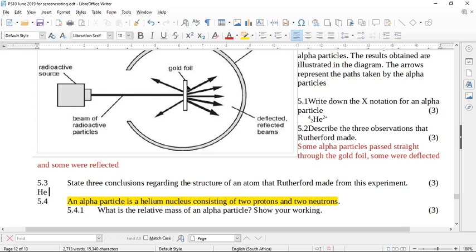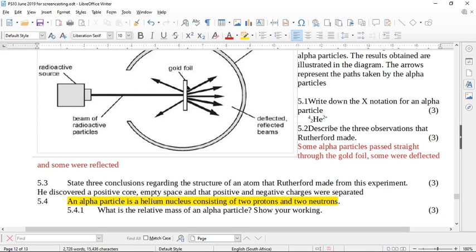So he discovered that there was a positive core, empty space, and that the positive and negative charges were separated.